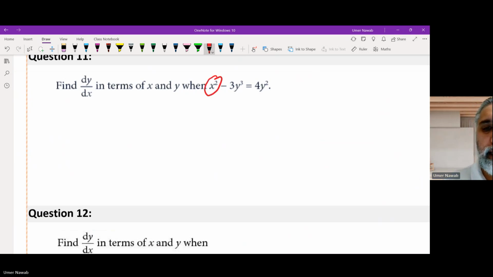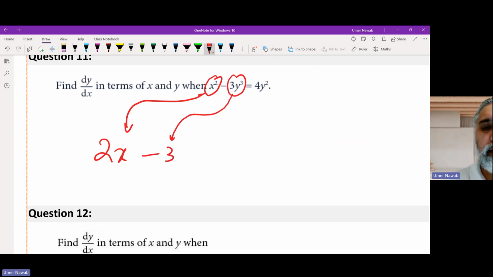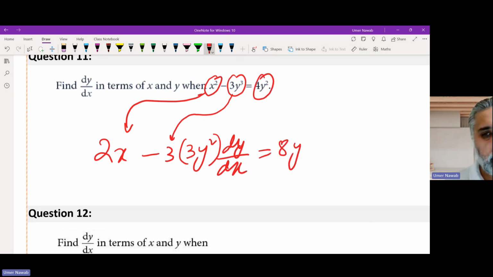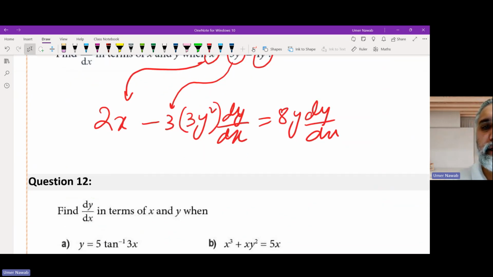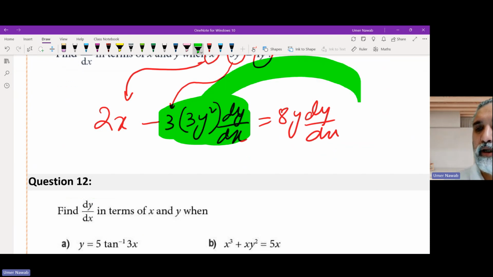So the derivative of x squared is 2x. Come on, minus 3, minus 3. Can I apply the power rule on y power 3, which is 3y squared, and the further derivative of y is dy by dx. And what is the derivative of 4y squared? It is 8y, and again dy by dx. Okay, now can I send this whole thing to the other side and take dy by dx common from them?